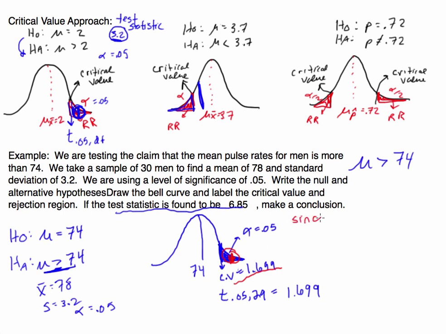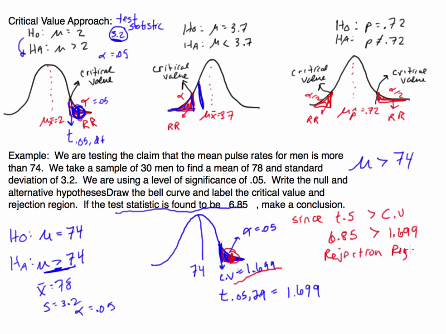So since our test statistic is greater than our critical value, in other words, our test statistic was 6.85, and that's larger than 1.699, then what we see here is that this is in the rejection region.